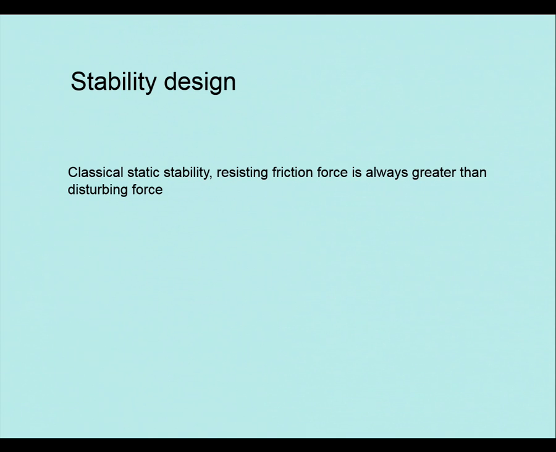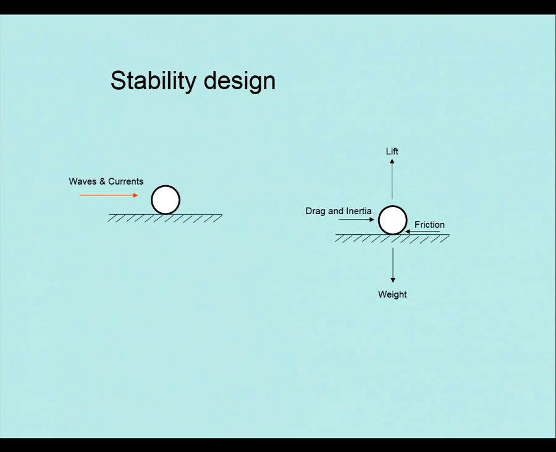So classic static stability is all we're going to do. So if you go back, this friction resistance here has at all times got to be greater than that.